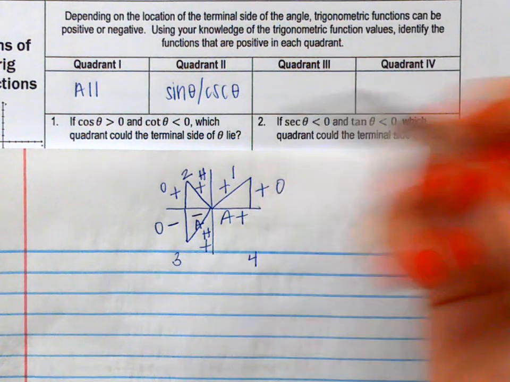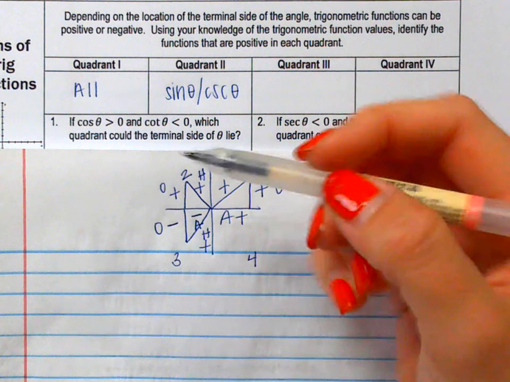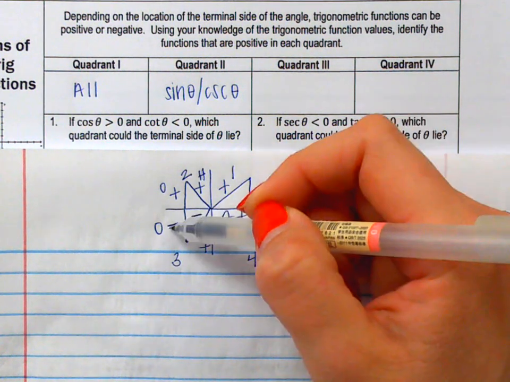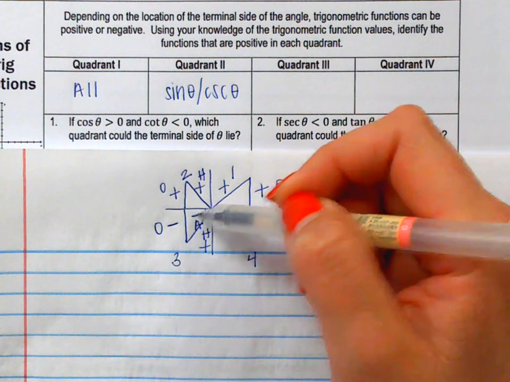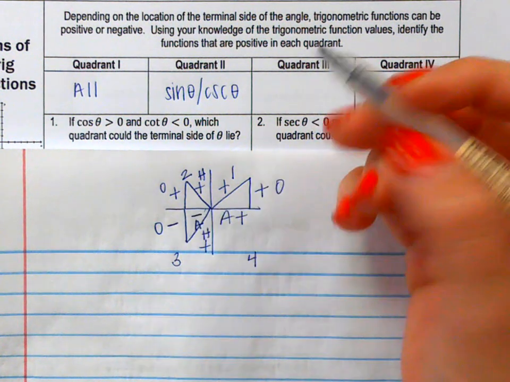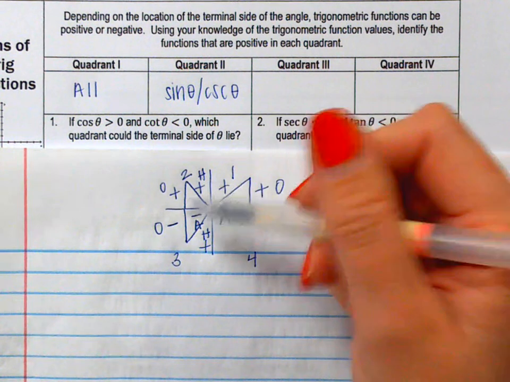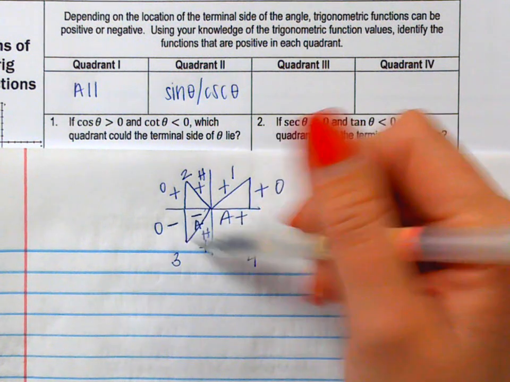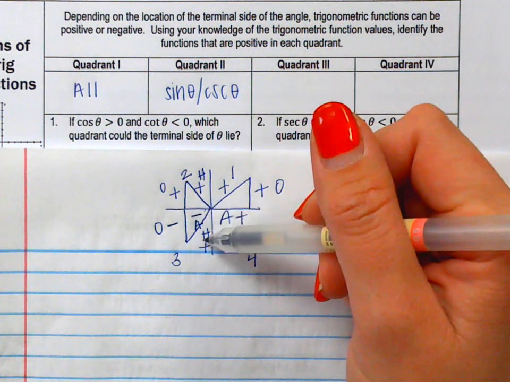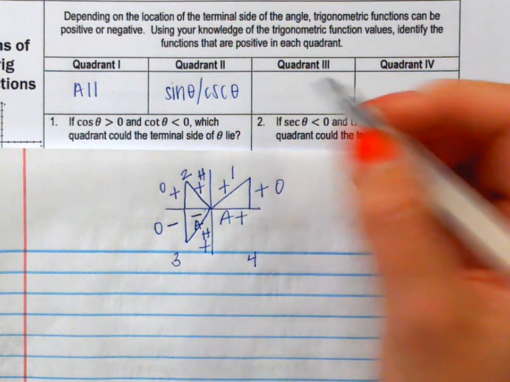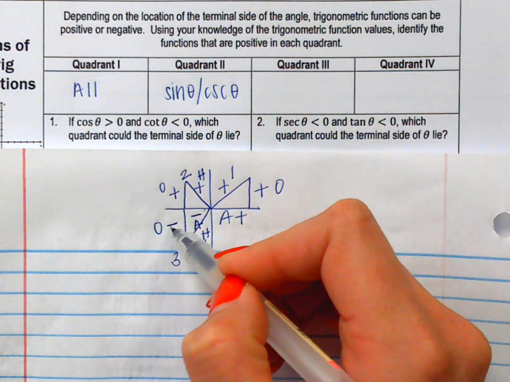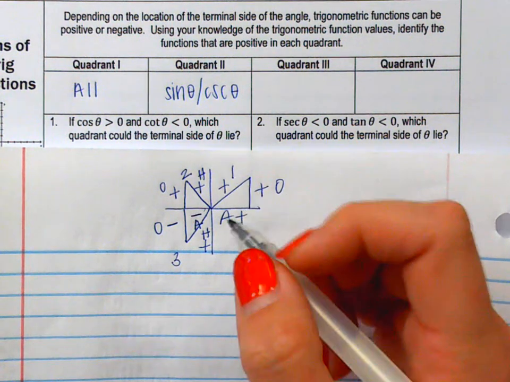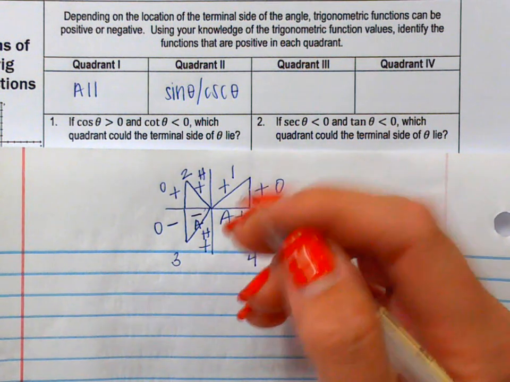The only way that we can actually make this positive is when we have a negative over a negative, because opposite over adjacent or adjacent over opposite, a negative over a negative would get me a positive. Opposite over hypotenuse would be a negative over a positive. Adjacent over hypotenuse, a negative over a positive. So the only thing that would be positive in quadrant 3 is when we have opposite and adjacent on top of each other, so a negative and a negative, to make that positive.